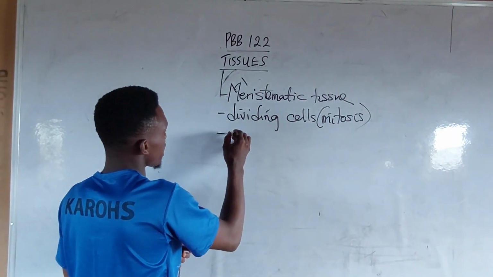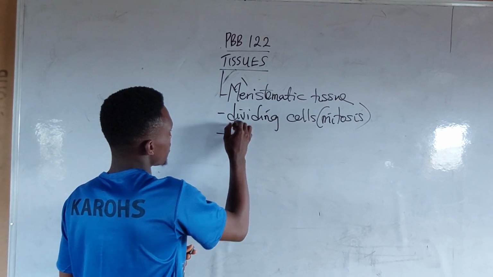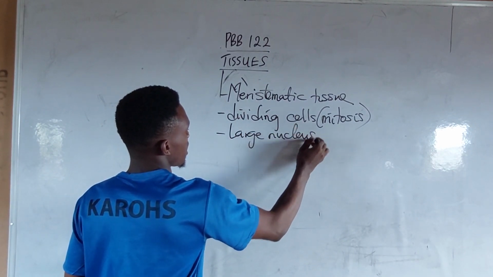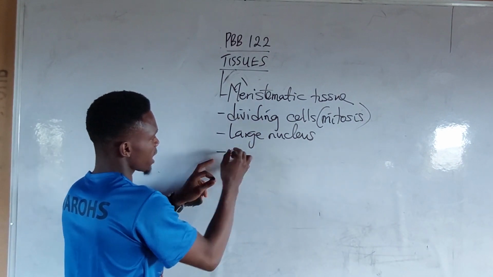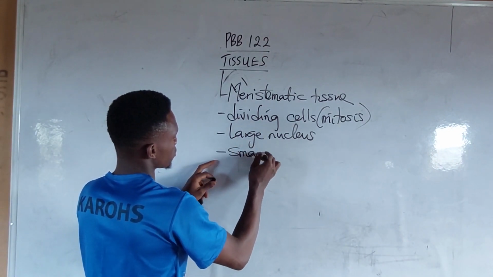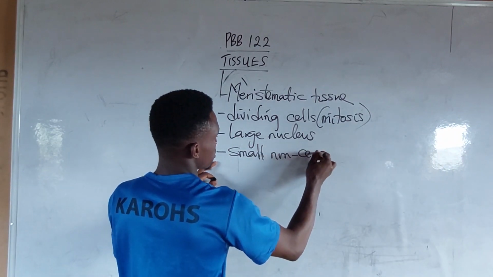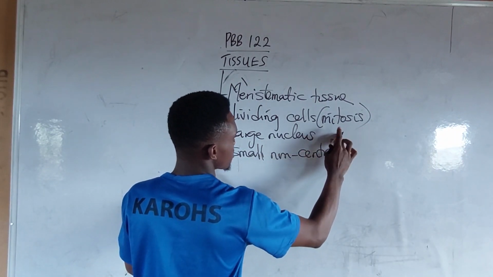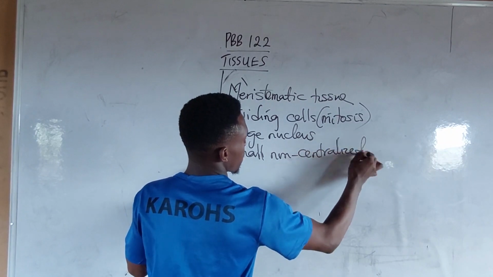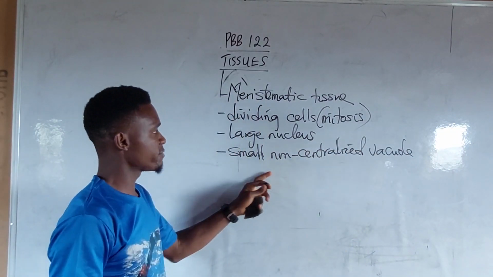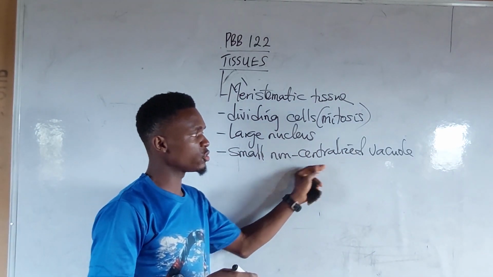And secondly, they have a large nucleus. And secondly, they have a small non-centralized vacuole. That is, the vacuole that they have is not at the middle, non-centralized.